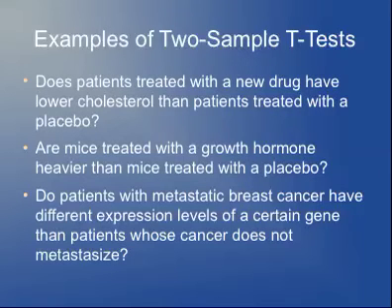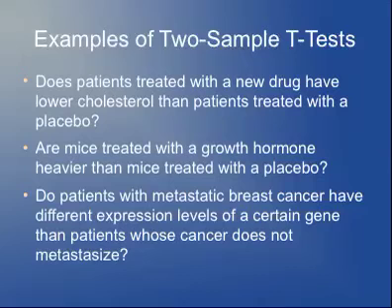So, examples of the 2 sample t-test. Say you have a cholesterol drug, and you want to test the null hypothesis that there's no difference between your new drug and the placebo. Or say you have a growth hormone that you're applying to mice, and you want to test the null hypothesis that the growth hormone doesn't work, that they grow at the same rate as regular mice, versus the alternative that they'll be heavier.